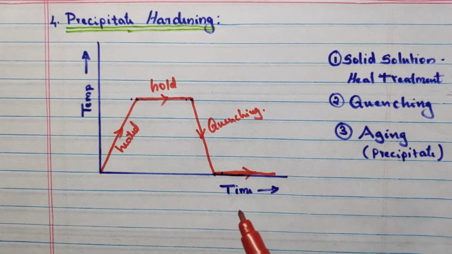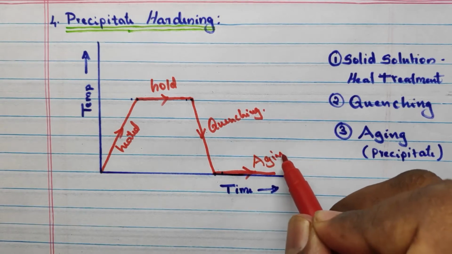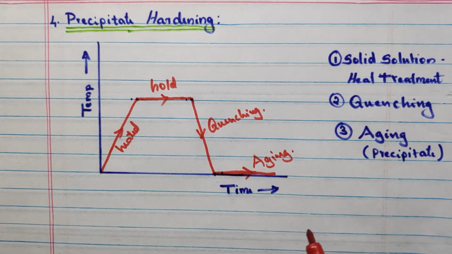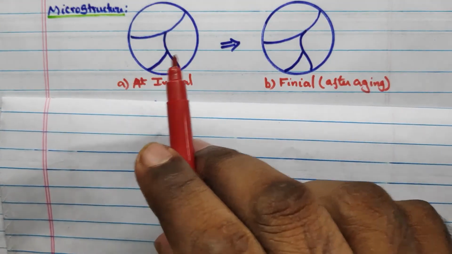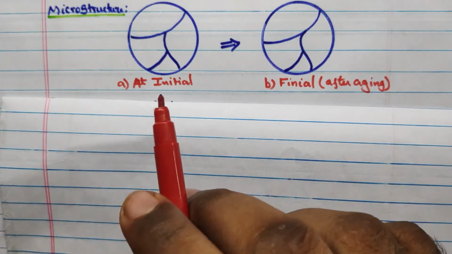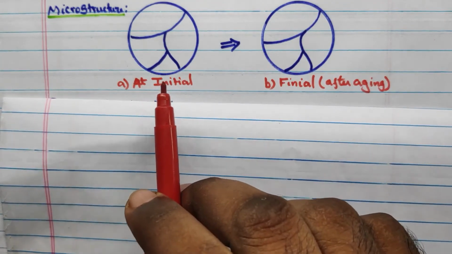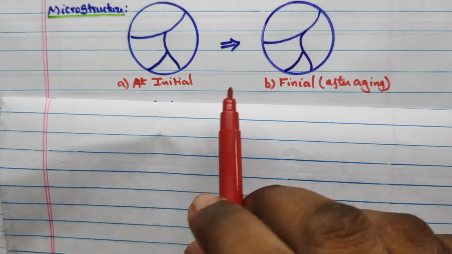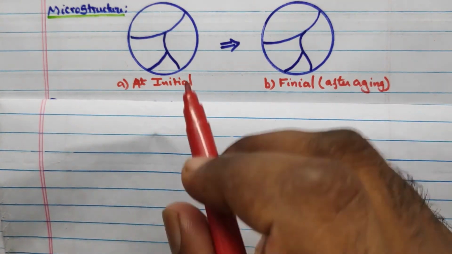And at the end of this aging, what happens? It is experimentally proved that some kind of precipitate forms in the phases. If you take a microstructural view for clarity in understanding, you can see evidently the difference between the initial aging and after completion of the aging process.